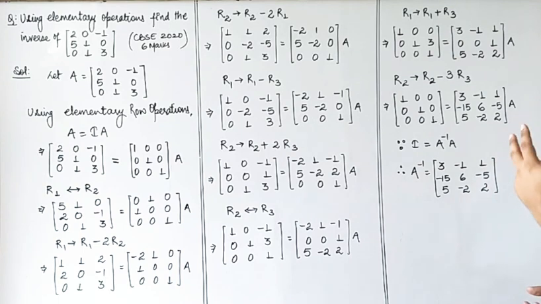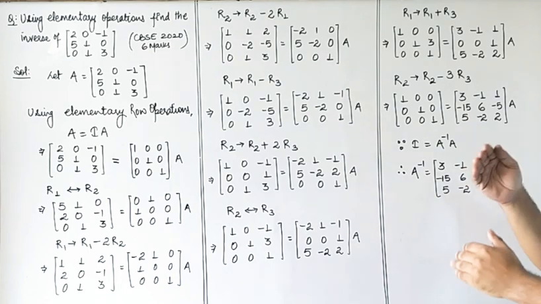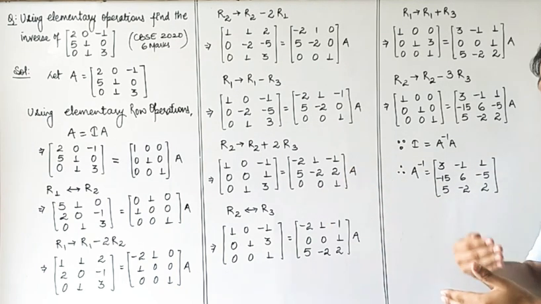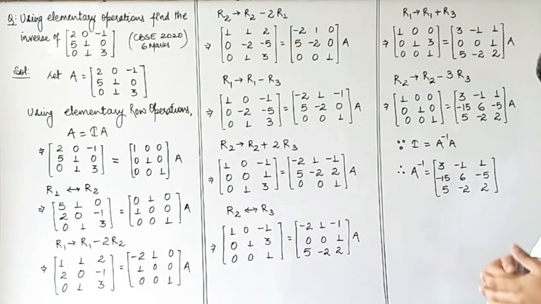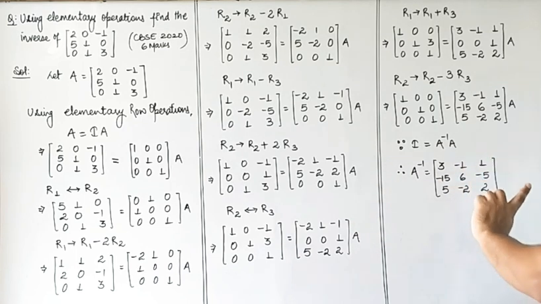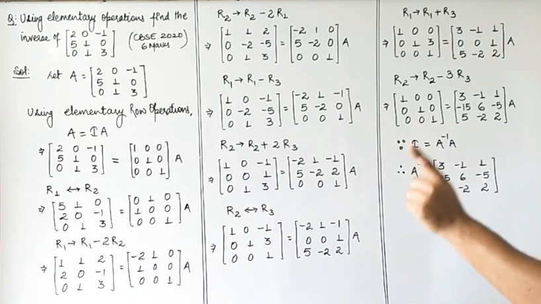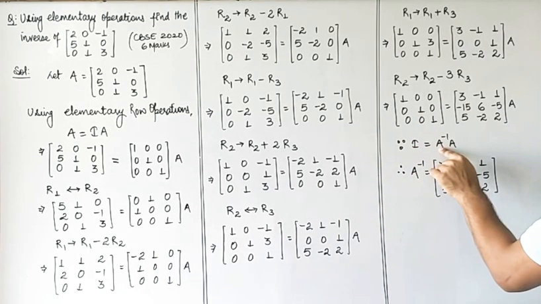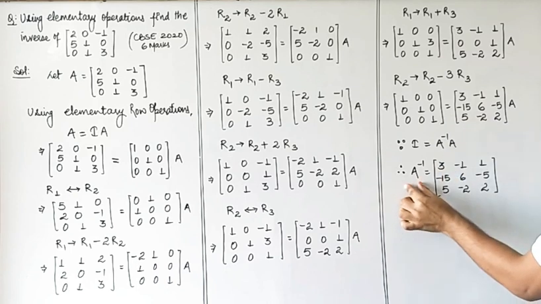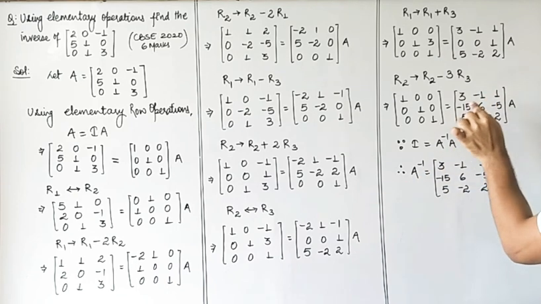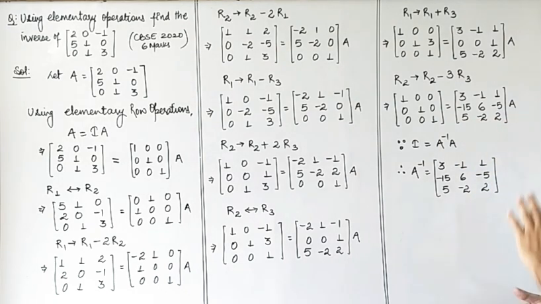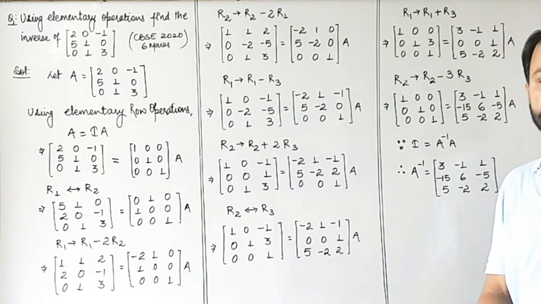If A and B are two square matrices of same order such that A into B is equal to B into A is equal to I, then B is inverse of A and A is inverse of B. इसका मतलब A में A को inverse multiply करेंगे you will get I, और A into A inverse is also I. So this matrix is A inverse. Hence we'll write that A inverse is -3 minus 1 1, minus 15 6, minus 5 5, minus 2 2. I hope this is clear. Thank you, students.